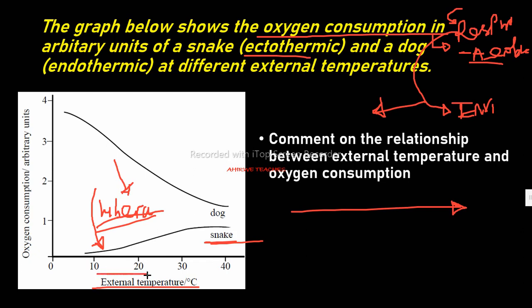But as the environmental temperature, or the ambient temperature, the room temperature, increases, then we are seeing an increase in oxygen consumption, because the body temperature for these organisms is also increasing.